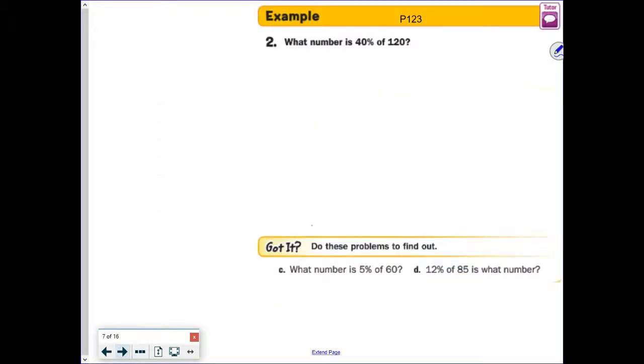It says, what number is 40% of 120? Well, the temptation would be to make the 40 the is, but because it has a percent sign after it, it's actually the percent. Of 120 indicates that 120 is going to be my whole, which means it is the part represented by the word is that we are missing. Remember, the percent proportion is part over whole equals percent over 100.